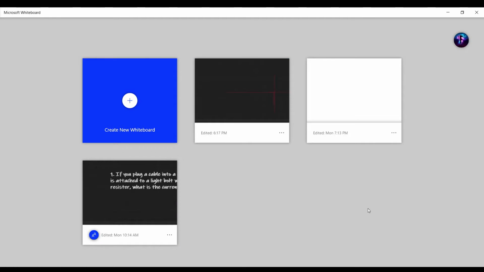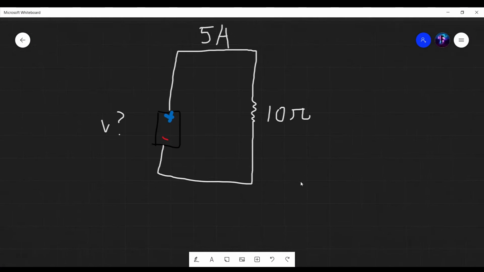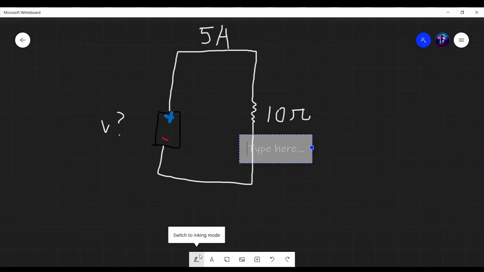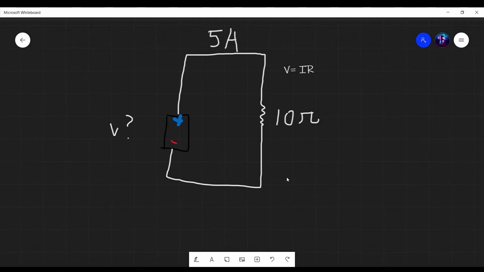Well, we can use Ohm's law. V equals IR. You can use this formula, V equals IR, to find the voltage.